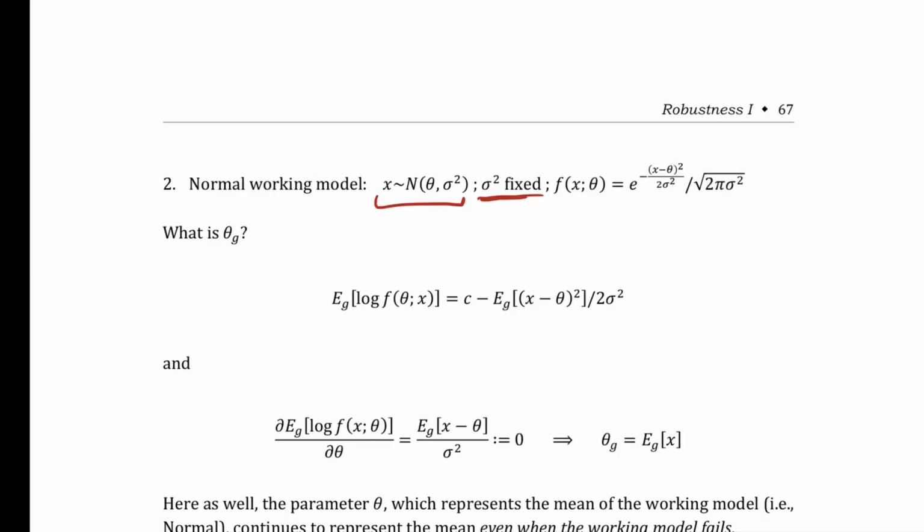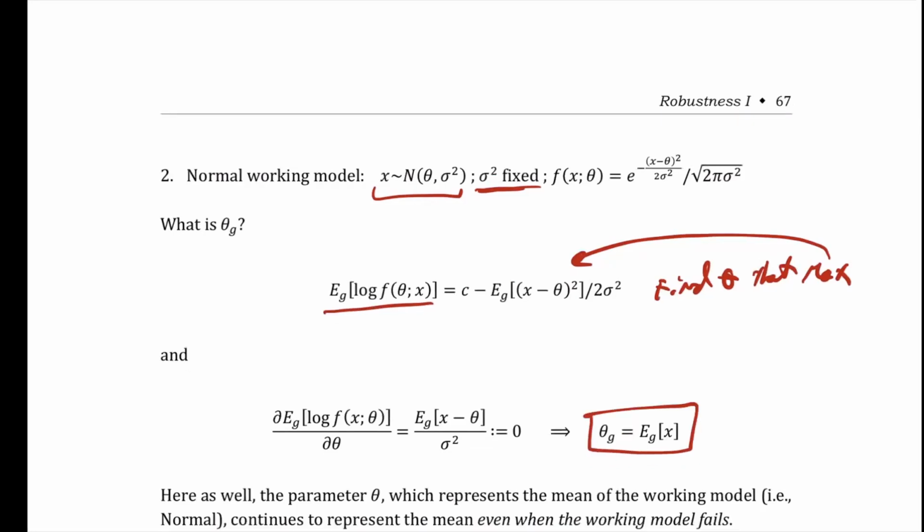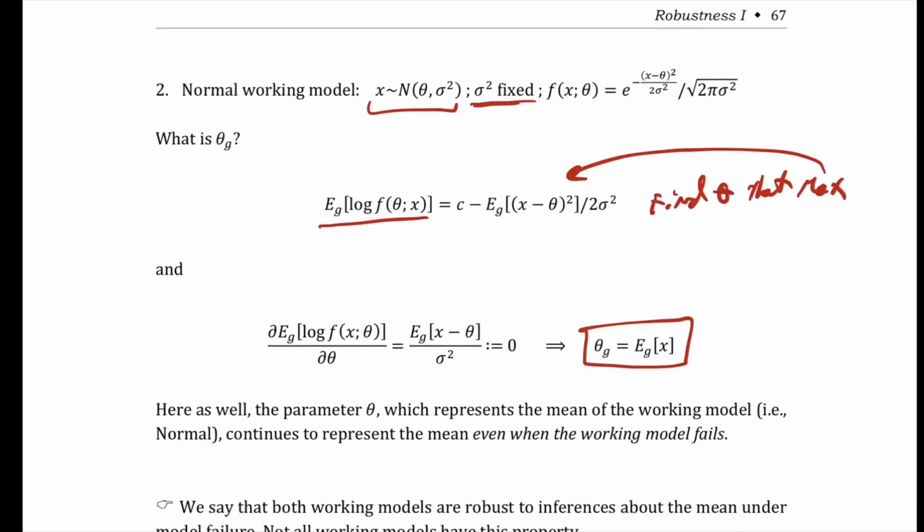What is theta g? Well, here's the expected log likelihood. I've just wrapped some things up into the constant that I don't care about here. And then I need to find theta that maximizes this thing. And it turns out that the theta that maximizes this, you can just take the derivative and pull it through. Turns out that that thing is, again, the average, just like it is for the regular normal model, right?